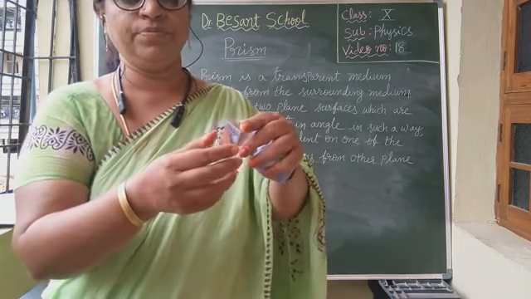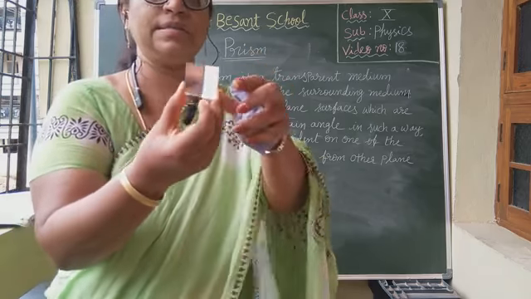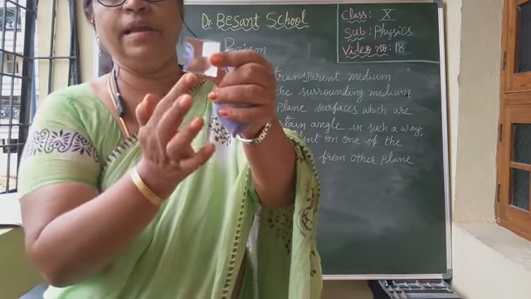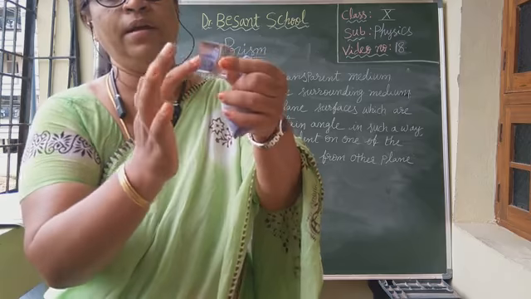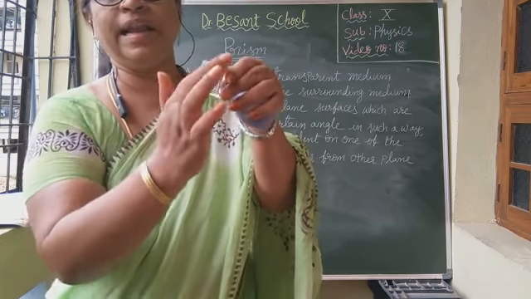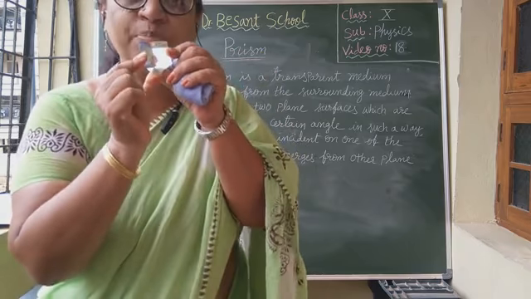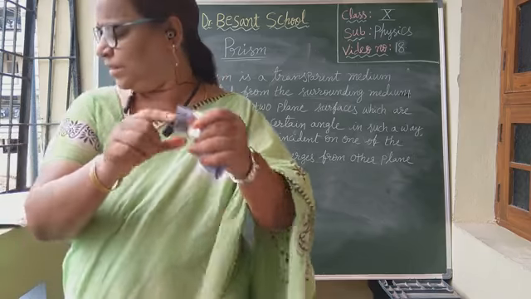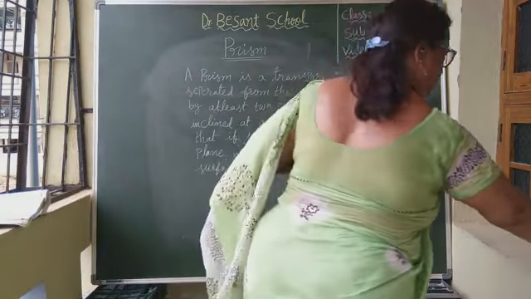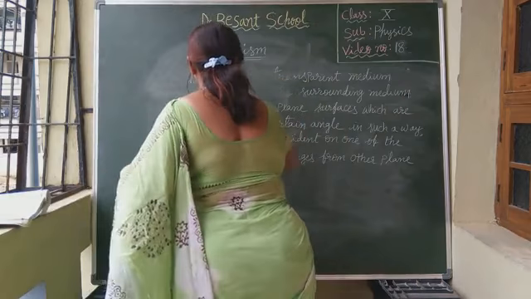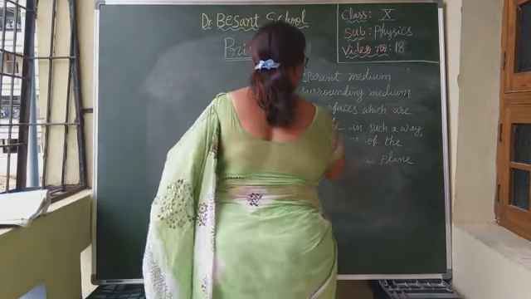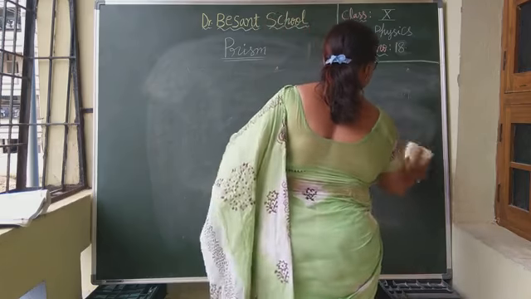Understood, children? This is a triangular base, here a triangular base, and 1, 2, 3 rectangular lateral surfaces. It is called a triangular prism. Am I clear? So it has two triangular surfaces and three rectangular lateral surfaces.